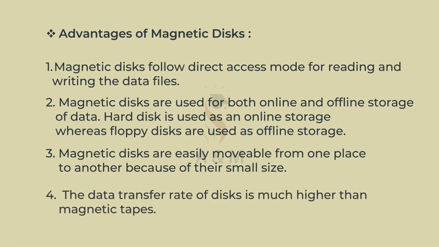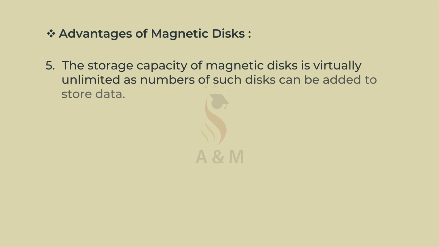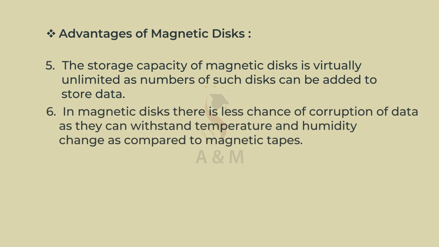Fourth, the data transfer rate of disks is much higher than magnetic tapes. Fifth, the storage capacity of magnetic disks is virtually unlimited as numbers of such disks can be added to store data. Sixth, in magnetic disks, there is less chance of corruption of data as they can withstand temperature and humidity change as compared to magnetic tapes.